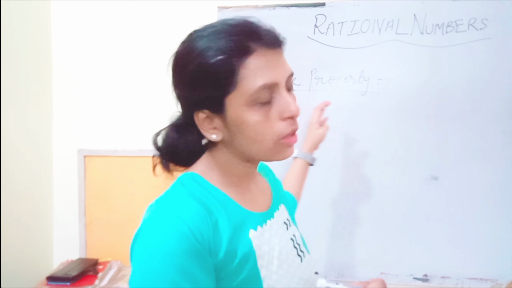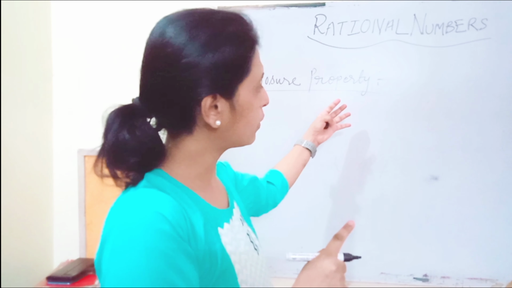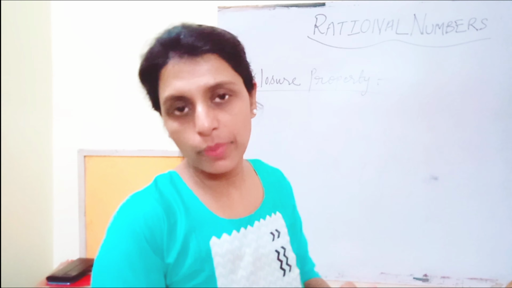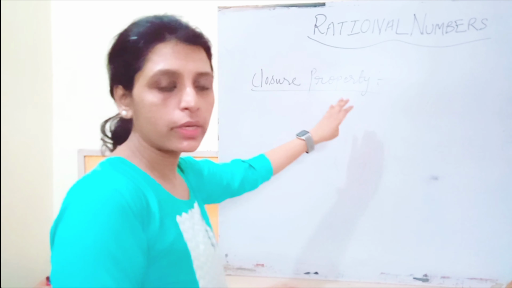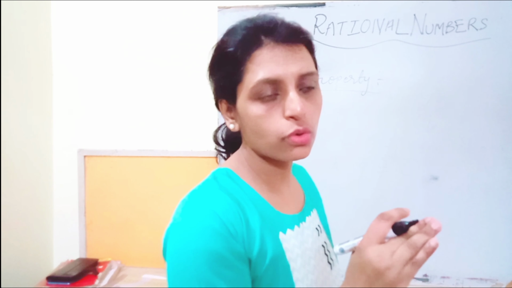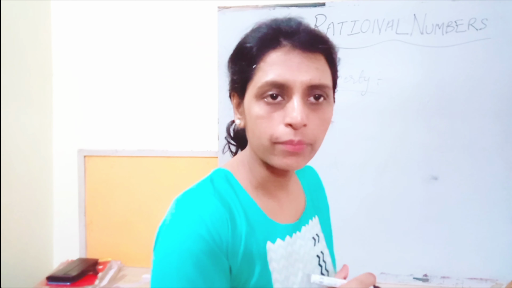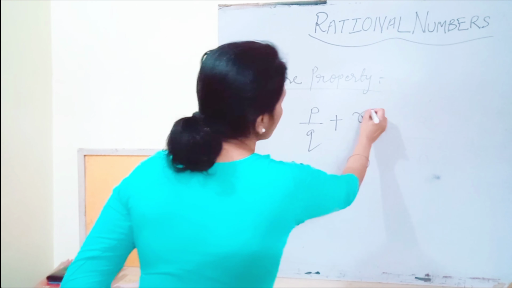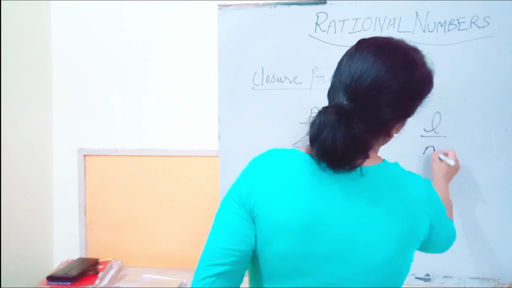And rational numbers hold the closure property under addition, division, multiplication and subtraction. That means this closure property holds for all operations in rational numbers. Okay? If we add two rational numbers, we get a rational number only.